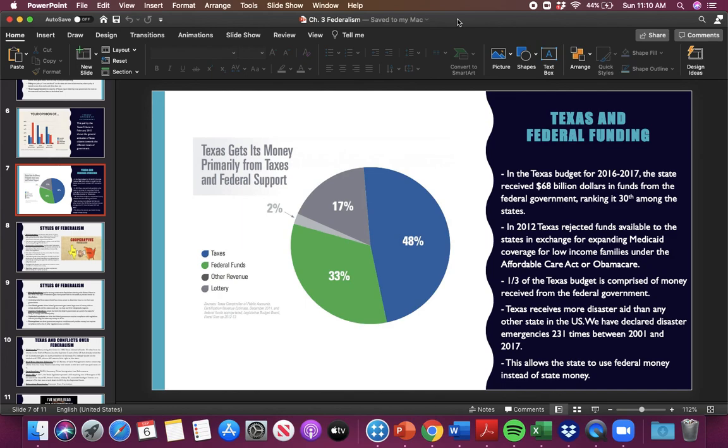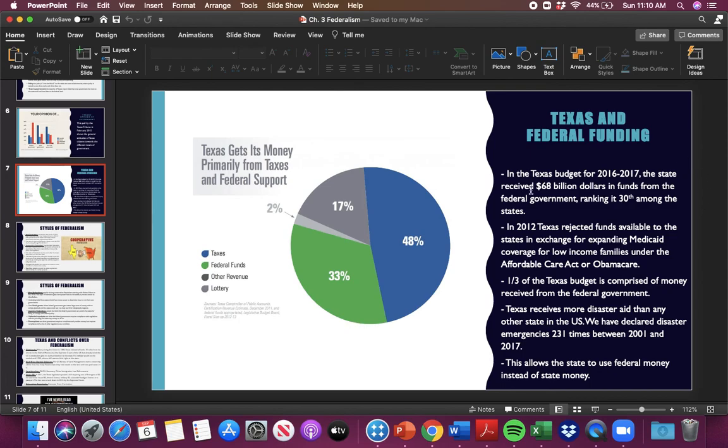So this is the biggest part of that question. Could we survive without the money that the federal government gives us? It's 1/3 of our budget for the year. So you think about 1/3 of the things that government pays for in this state would immediately go away. So I don't think that it's very feasible that we survive without federal government.